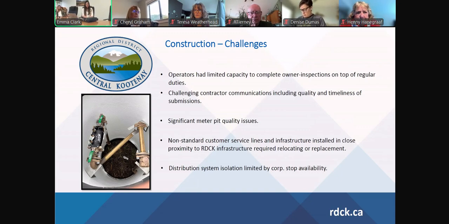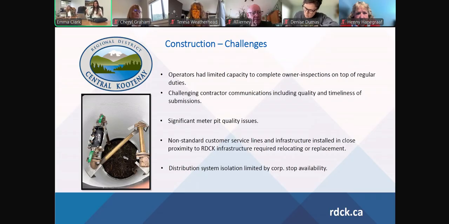So, again, this was lessons learned. There was some time taken. However, phase one was also a lot to do with the infrastructure challenges that are in areas, not necessarily the metering, but because we do have lines being serviced, one property through another private property. We have old infrastructure in the ground that needs to be replaced or repaired. There's a lack of corp stops anywhere.